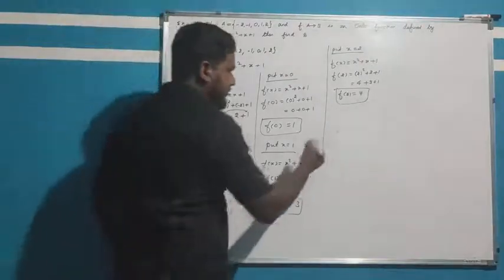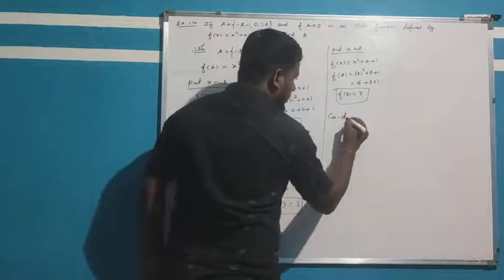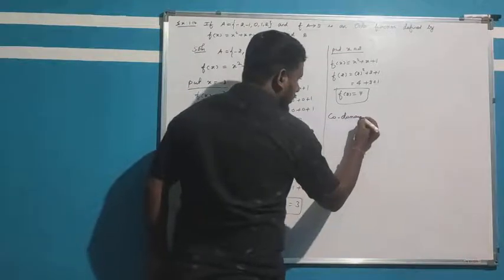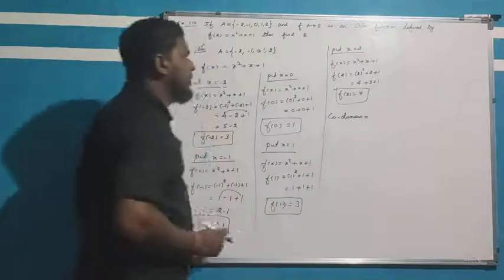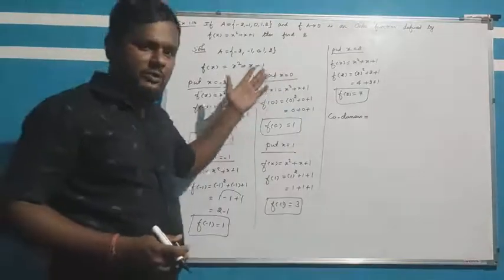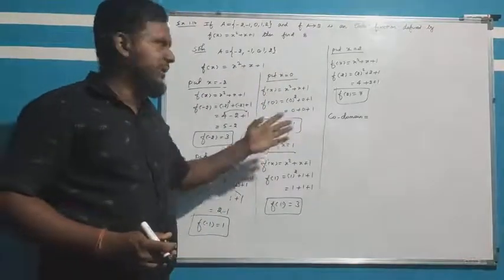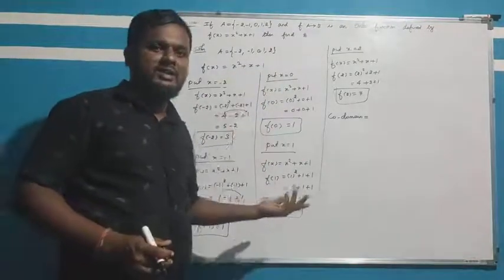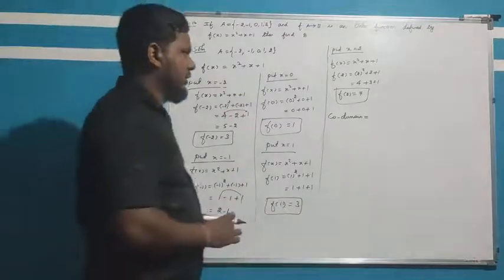So what is the codomain? Because we don't know what the B set is, we only found it. So the codomain and range and B set are also equal.